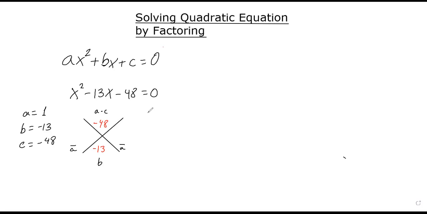Our first approach is to use the multiplication tables, and we can see if we can find a quick answer. So we see 48 can be 6 times 8.